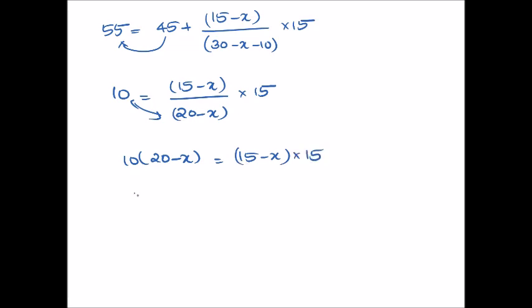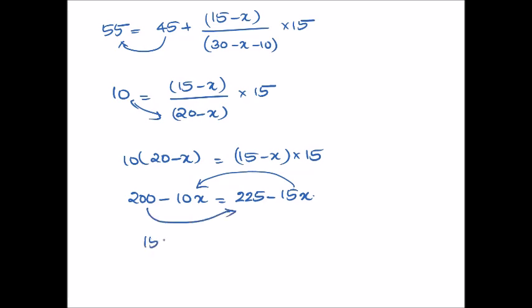Now simplifying, this is 200 minus 10x is equal to 225 minus 15x.